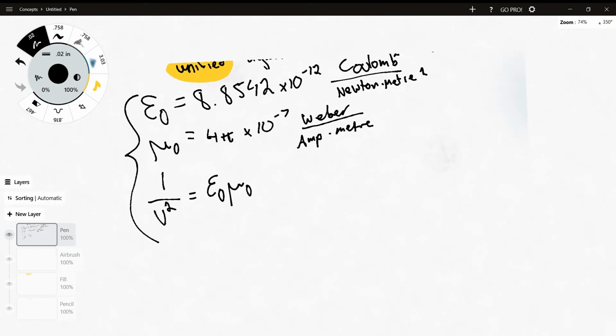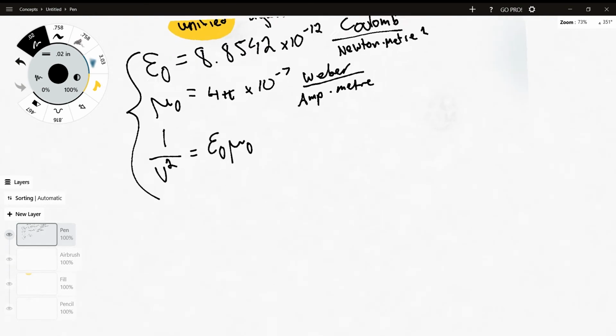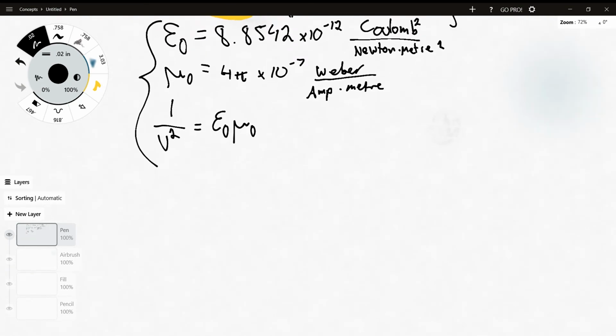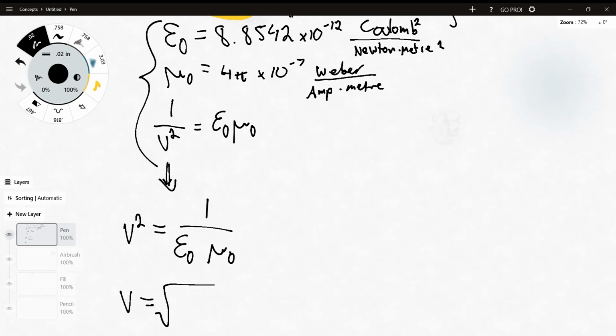So, here's what we're going to do. Just going to move that to the top. Here's what we're going to do. We're going to take this equation here, and we're going to flip it. So, v squared equals 1 on epsilon naught mu naught. We still have that v squared. We want to find the velocity of the electromagnetic wave.